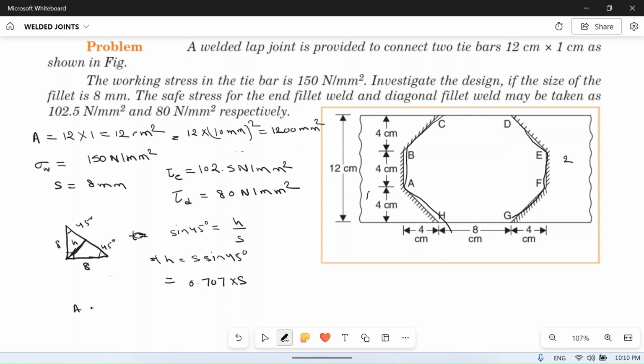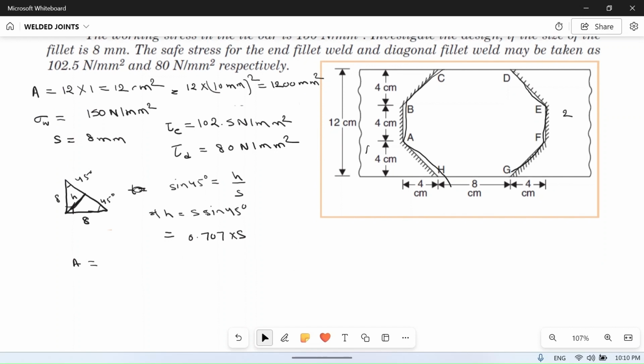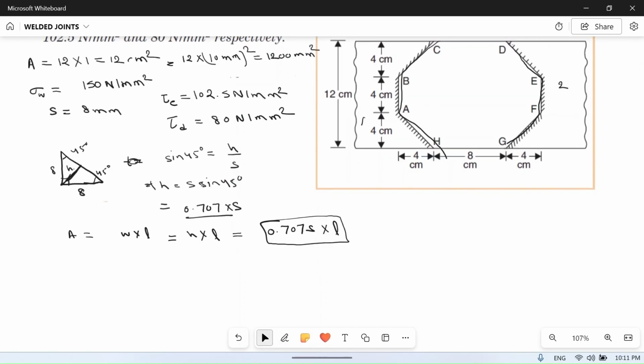What will be the area of weld? Area is equal to width into length. So it will become h into length of the weld, so h is 0.707 s into total length L. So this is formula for area.